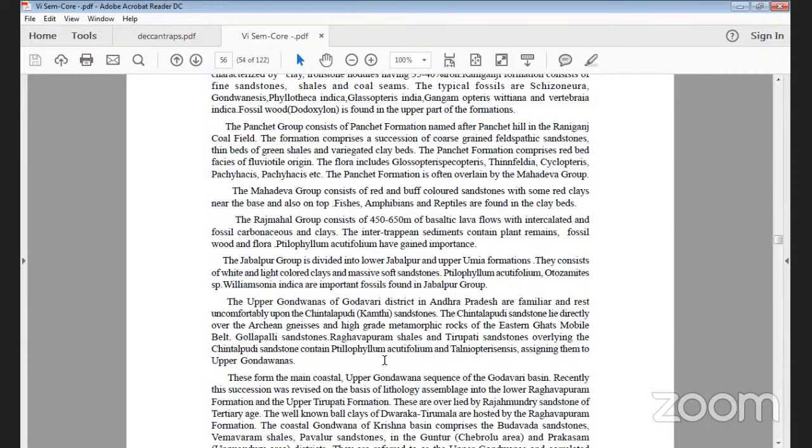The Rajmahal group mainly consists of basaltic lava flows, and the Jabalpur group is divided into the lower Jabalpur group and upper Umia formations, which consist of white and light colored clays and massive soft sandstones. Ptilophyllum, Articulatum, and Williamsonia, which are important fossils, were found in the Jabalpur group.